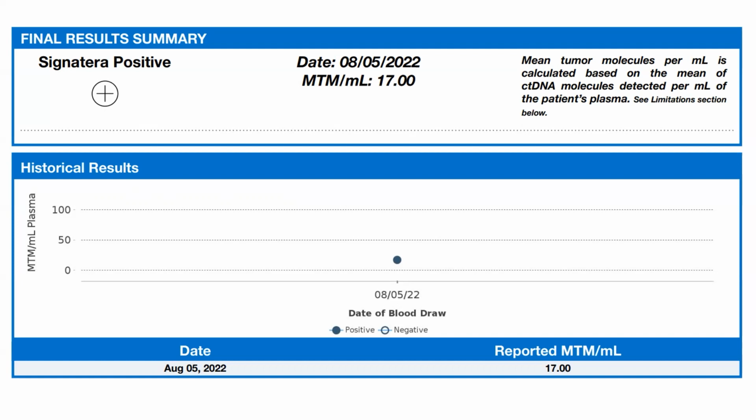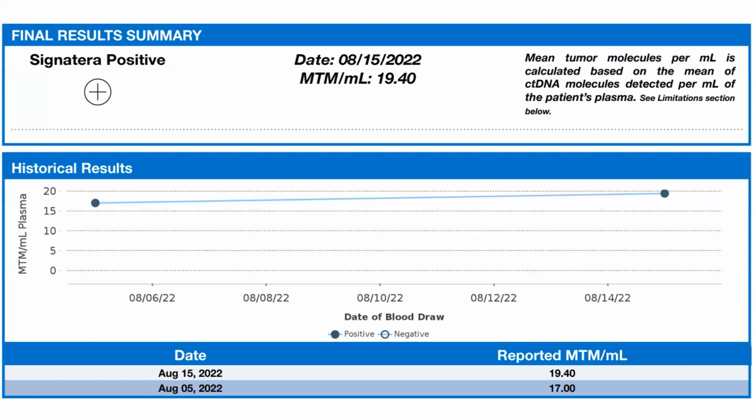He was concerned that they didn't do this right when they were doing the blood draw, so he asked us for a second test right before he started treatment. This one showed a very similar value, actually a little bit higher, up to 19.4 MTM per ml.